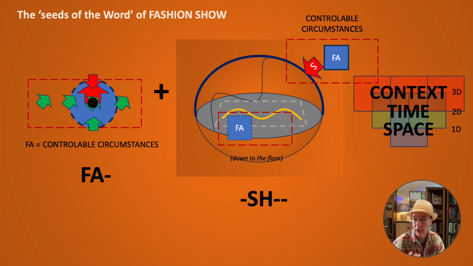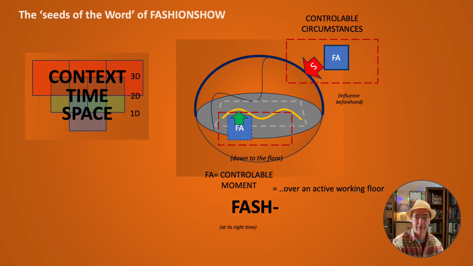So also down on the floor, let's say, I can have my results immediately available, and it is about space and timing. So yes, I will be able to see down on the floor where my controllable influences of fa will be worked out. Let's put it like that.